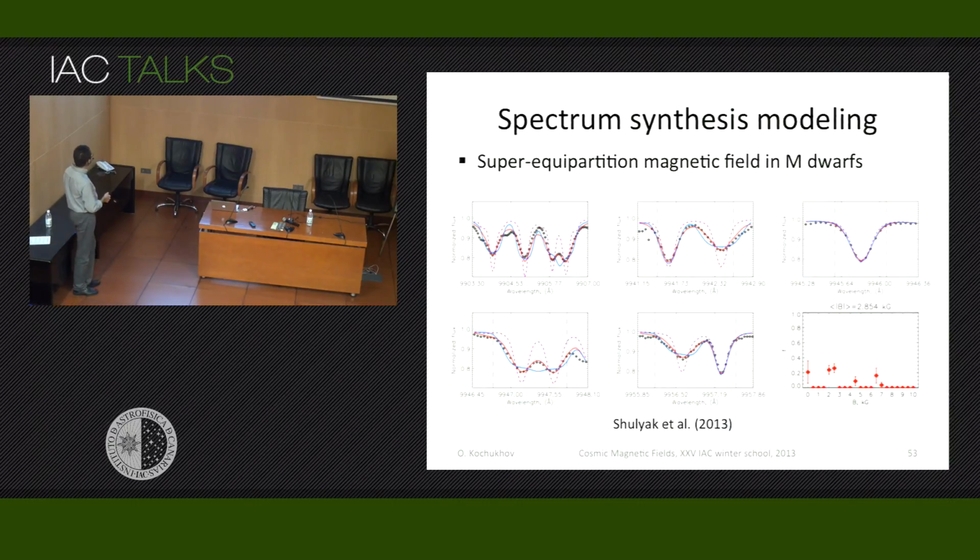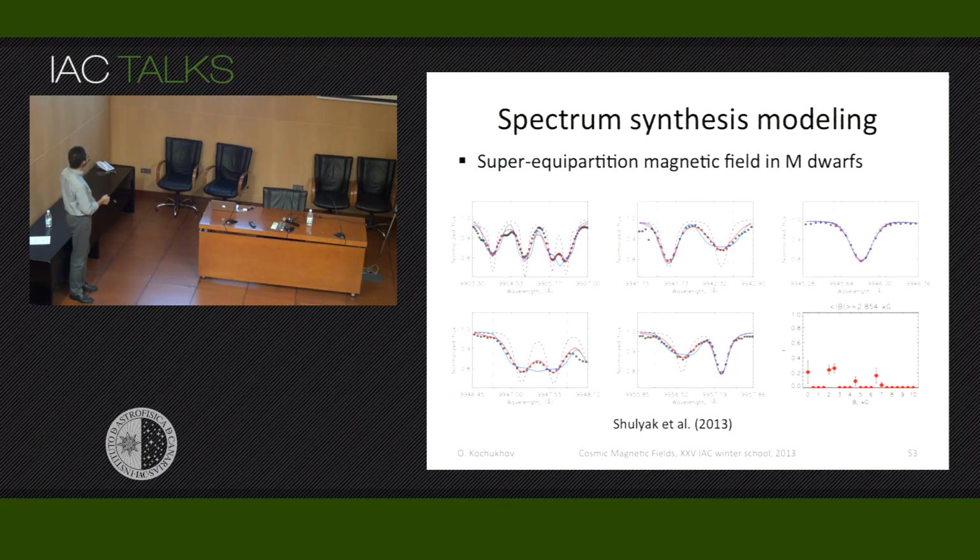What these authors did is match individual iron hydride lines with not just B times f, but some distribution. They tried to infer the distribution of different magnetic field strengths. So it's not deriving geometry, but statistically trying to figure out how much of, say, 3 kilogauss or 2 kilogauss field is present on the surface.